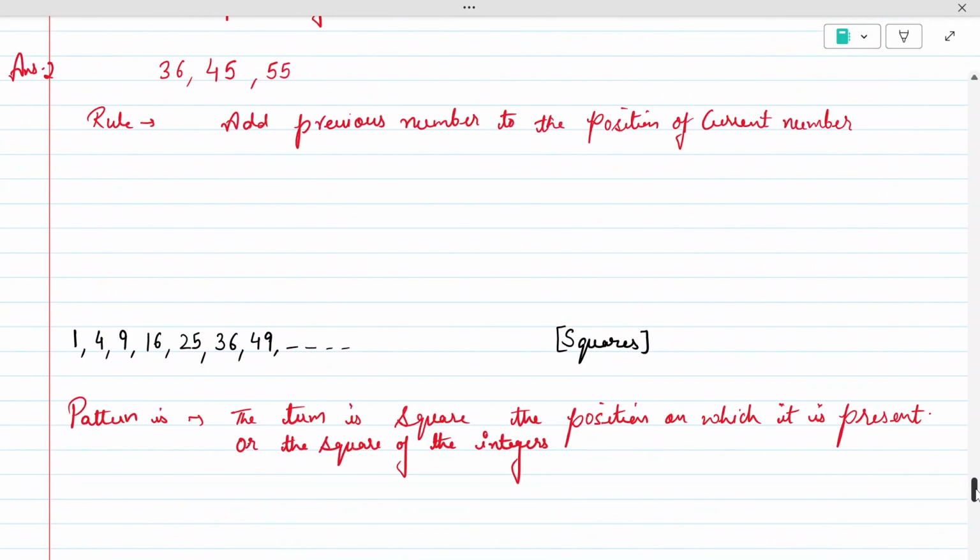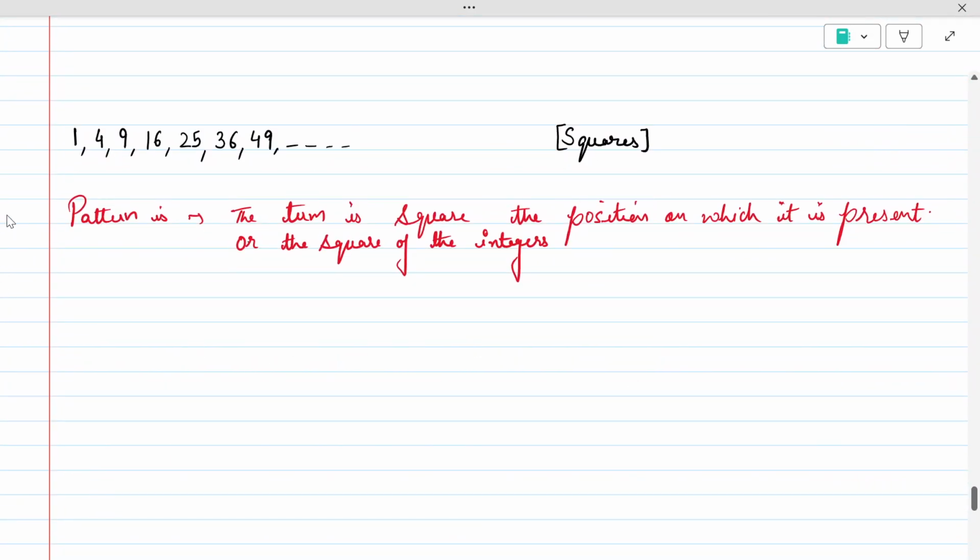Next one we have is square numbers. So what are square numbers? They are squares of the positions, or you can also say the squares of integers. 1, 2, 3, 4, 5, 6, 7 are integers, and their squares are the position squares. So this is the pattern I have written here.